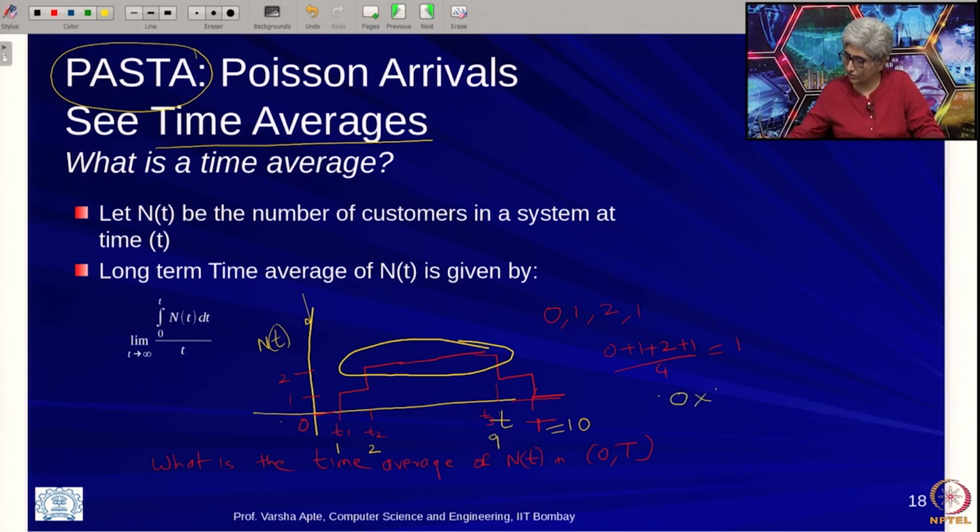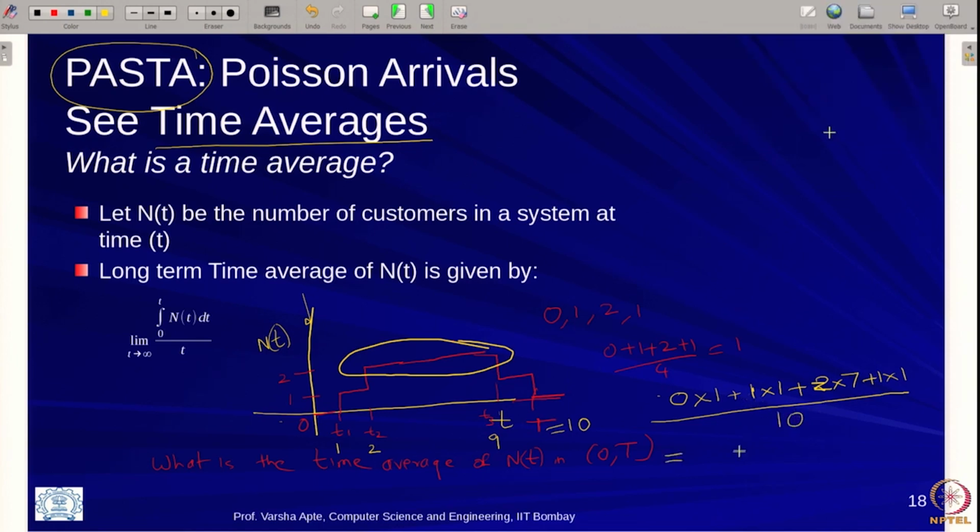The value 0 was held for about 1 unit of time, N(t) was 1 for another 1 unit of time, then N(t) was 2 for 9 minus 2, 7 units of time, and N(t) was 1 again for another 1 unit of time, from 9 to 10, and all of this we divide by the overall time horizon. We have 1 plus 14 plus 1, which is 16, divided by 10, which is 1.6.